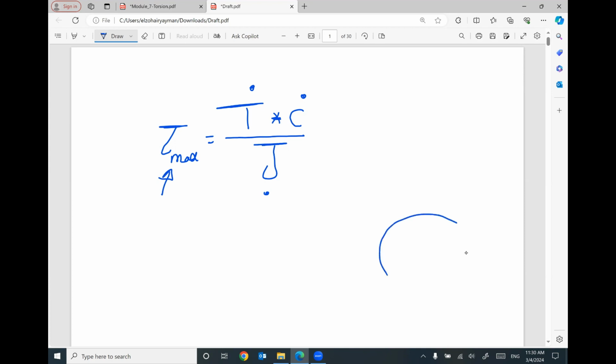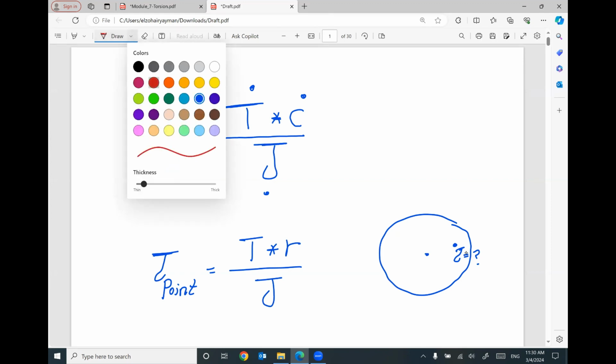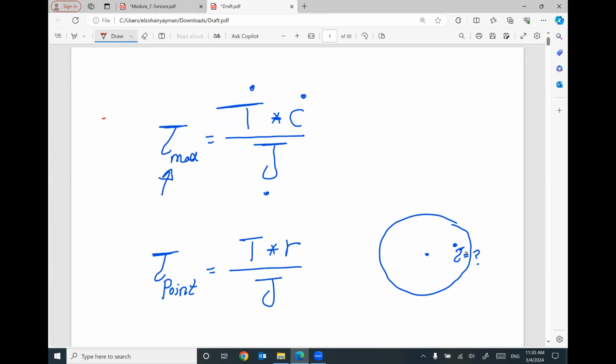But if we have a cross section and this is the center, and I'm looking for the shear stress at this point, in this case your shear stress at this certain point will equal the applied torque times radius divided by J. This R is not the radius of the whole cross section, but the radius measured from the center of the cross section to the certain point.